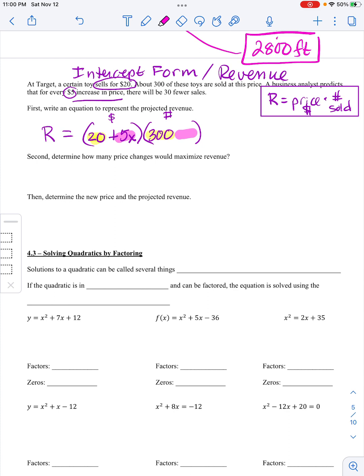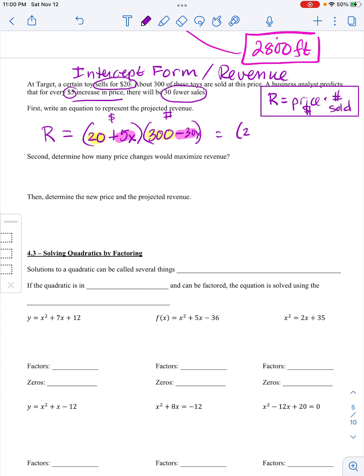So as I keep reading, it says for every $5 increase in price, there will be 30 fewer sales. So fewer is going to mean that I need to subtract. Now that's pretty hard to read because I put highlighting and everything. So what you're saying is I'm writing the exact same thing.